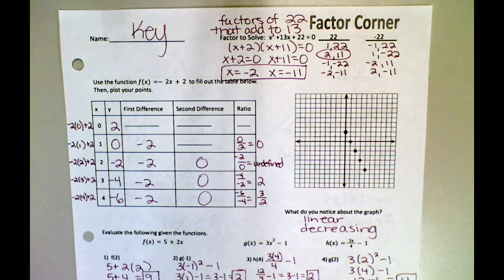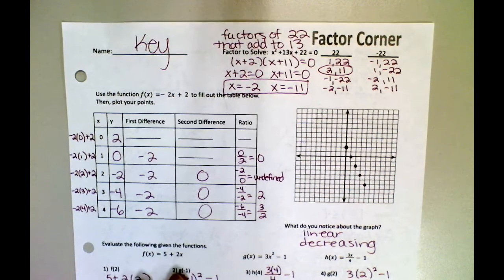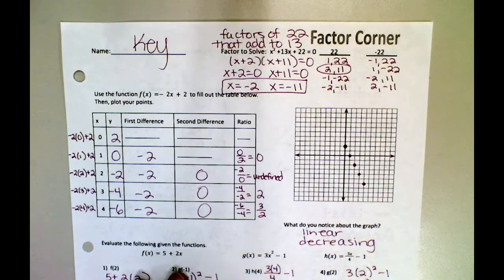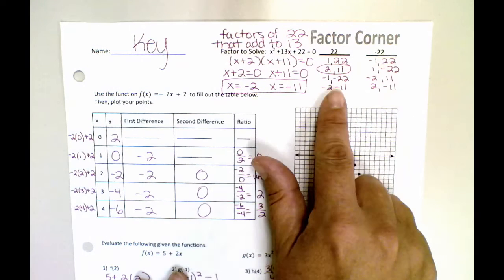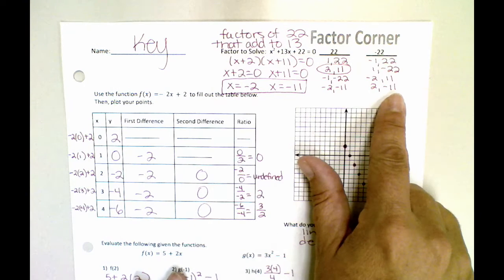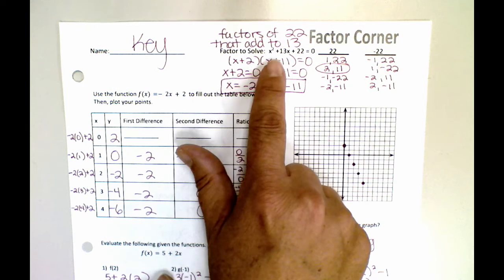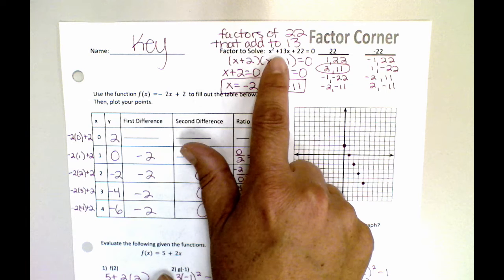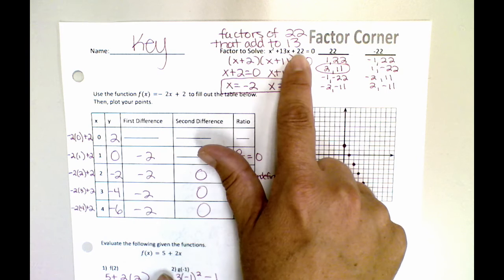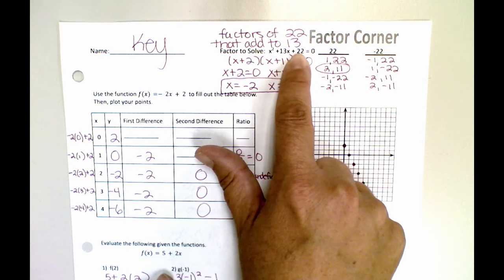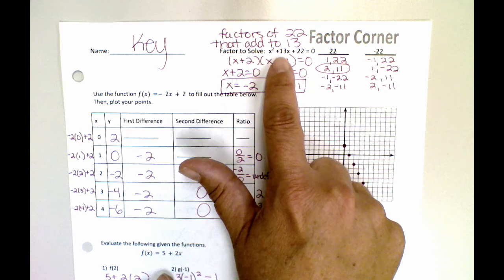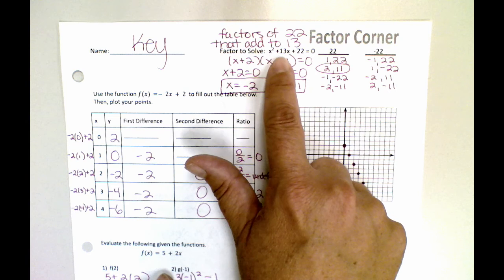So on 22, take a look. Let's check and correct. So in your factor corner, we have our factor lists for 22 and negative 22. Then for our polynomial, remember it's always factors of the constant. So in this case, factors of 22 that add to the middle coefficient, which in this case is 13.